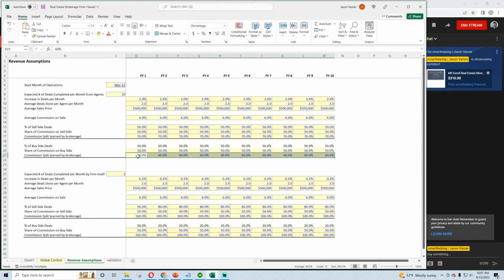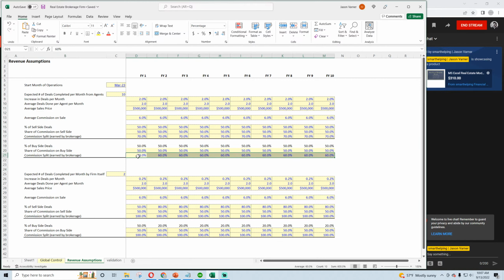And also, we understand it might take time for the actual brokerage to earn the commissions, but we are assuming it's just going to normalize, because we could put in here the commissions collected in 6 months, but the idea here is this number is the deals completed per month, not started.